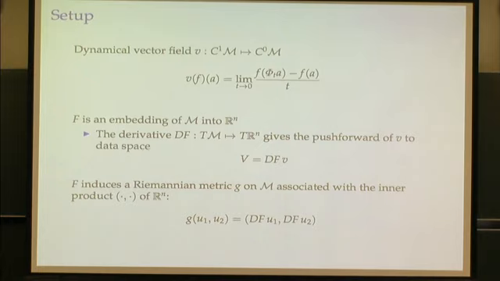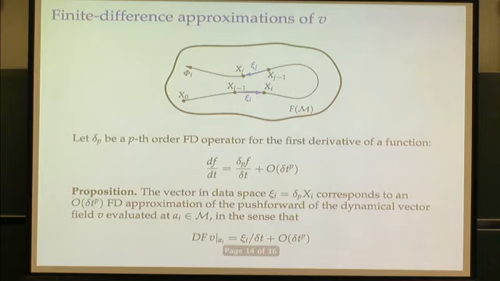Now what we're going to do is create finite difference approximations of this object here by our time ordered data. So what do I mean by that? I mean that if we have a timestamp for each of our observations, and we have a finite difference operator of some order of accuracy.